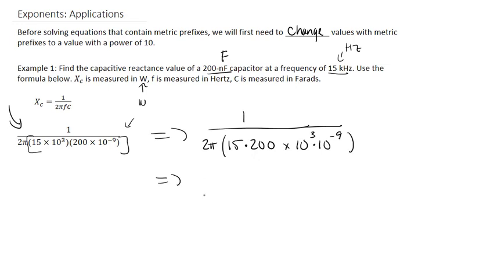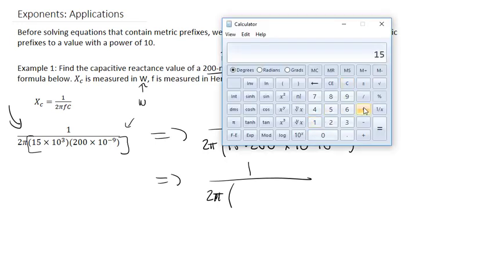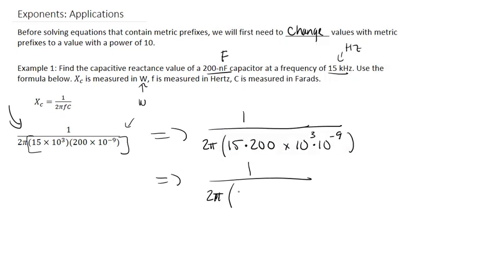Then this can be broken down into 1 over 2 pi, still 15 times 200, and we get 3,000. Now times 10 to the 3 and negative 9, so in order to combine those, we just add them together. So 3 minus 9 would be 10 to the negative 6.